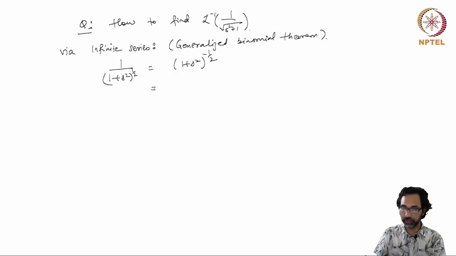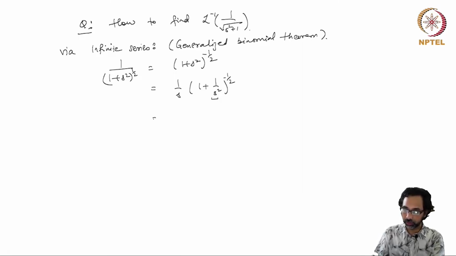So let's rewrite this as 1 over s times (1 plus 1 over s squared) to the power minus half. This will help us have the power series in 1 over s squared, so that inverting it will give us some powers of t.